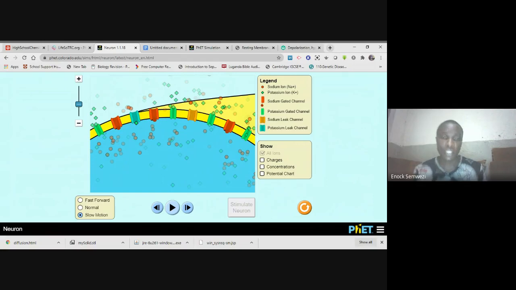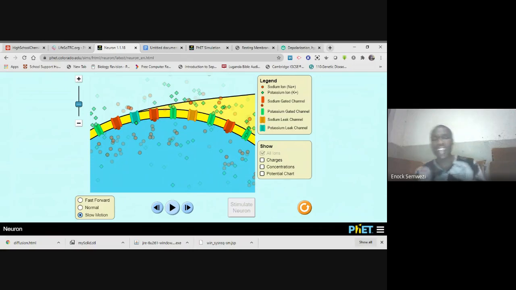The depolarization of the membrane at one point will cause opening of other sodium gated channels along the membrane, and therefore more sodium ions will get into the axoplasm, and this means that the inside becomes more positive and an impulse is immediately generated.